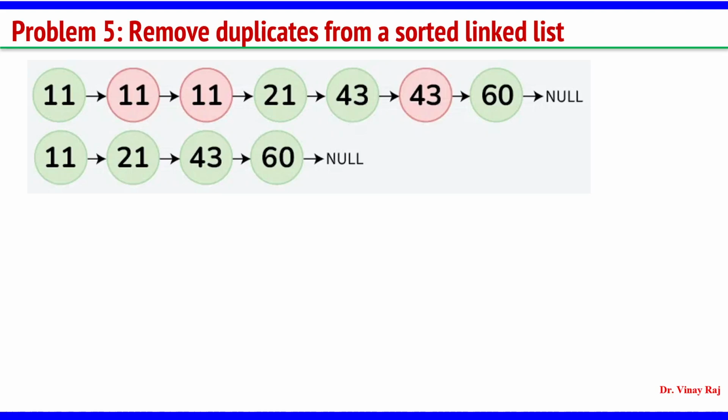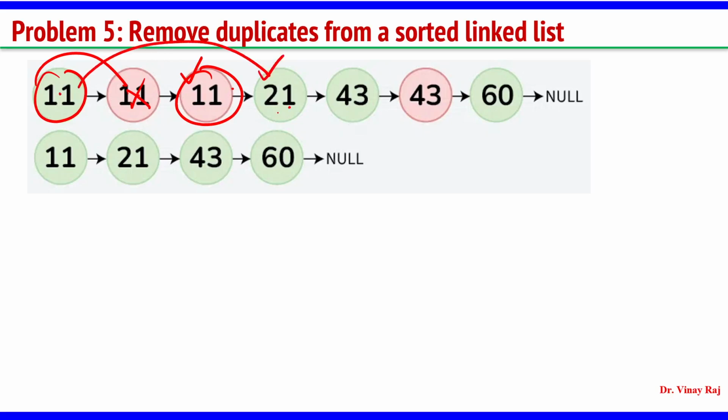It's simple. Again, you are using pointers here. Once you practice the problems, you will be in the same sequence of understanding. You will compare this data with this. If this is the same, you will skip this connection and bring the connection to here. Then again you compare this with this. If both are the same, again you delete this connection and shift the connection to this.